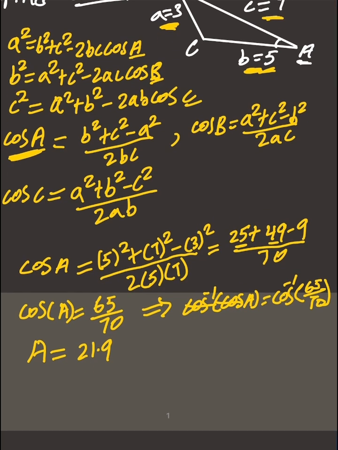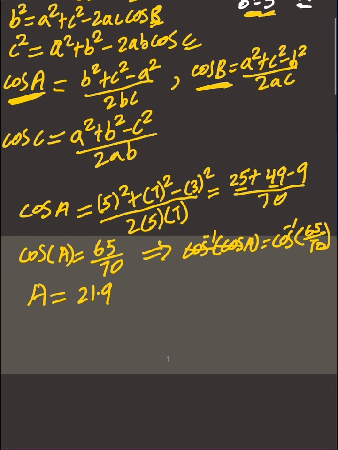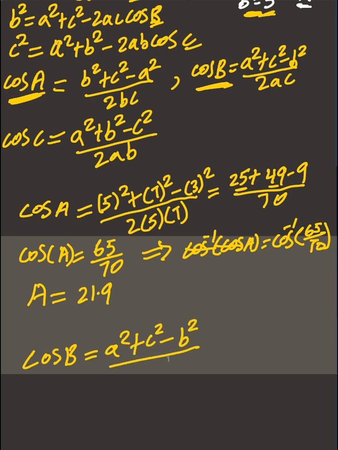The next one is B. To solve this, let me copy the equation. So cos B equals a squared plus c squared minus b squared all over 2ac.